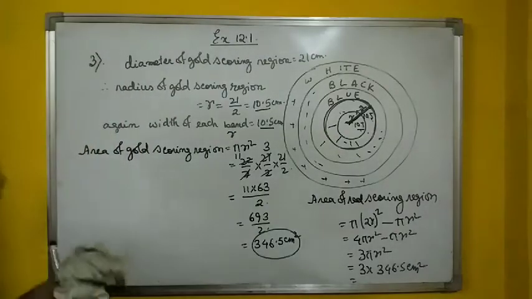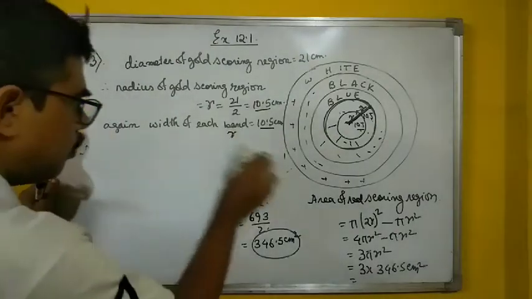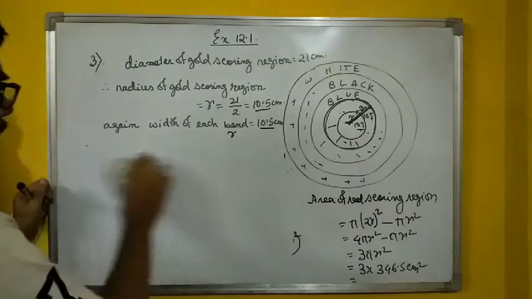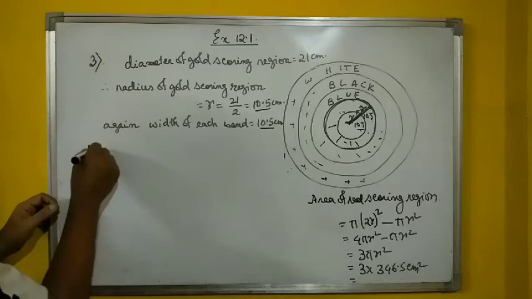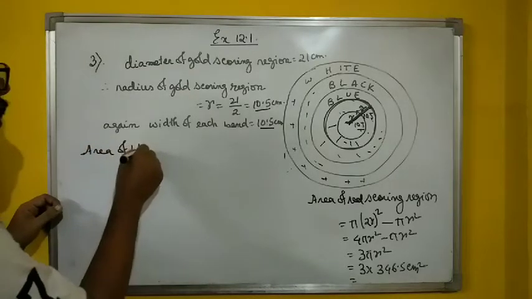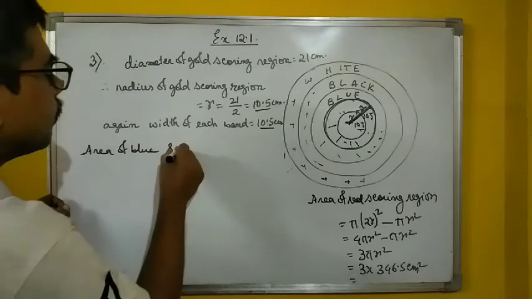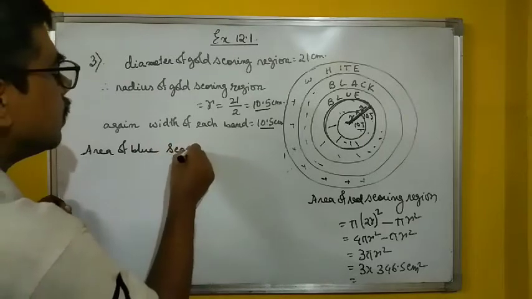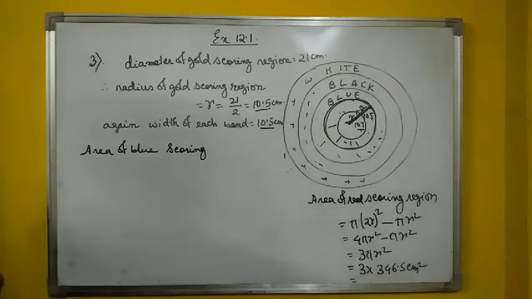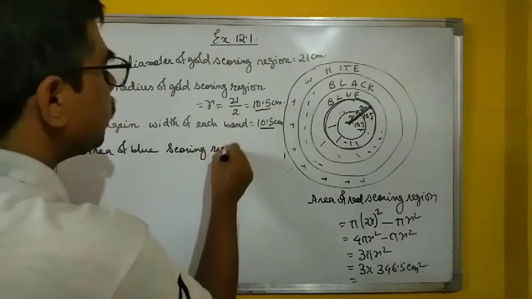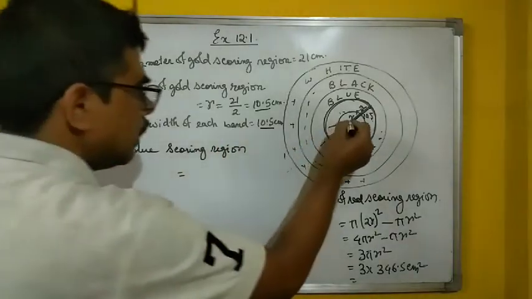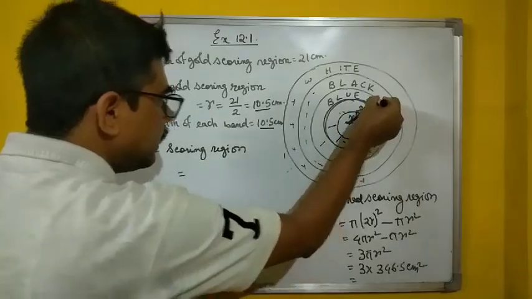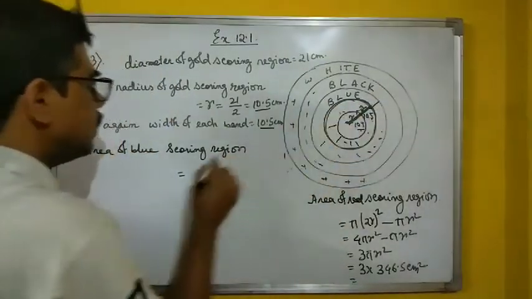The same is the case with the blue scoring region now. For the blue scoring region, you see, there is one R, another R, and this is also 10.5. So there are 3 R's.